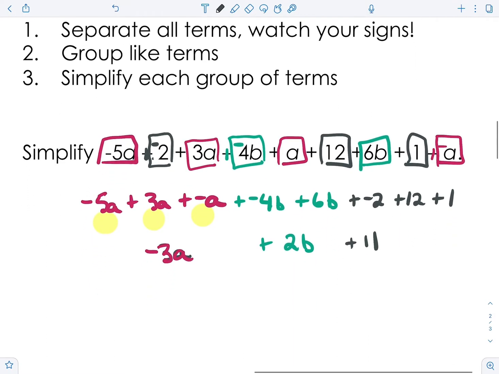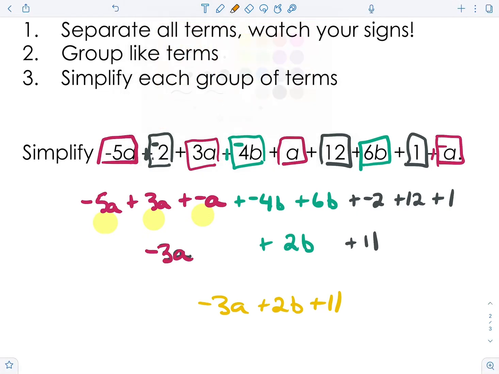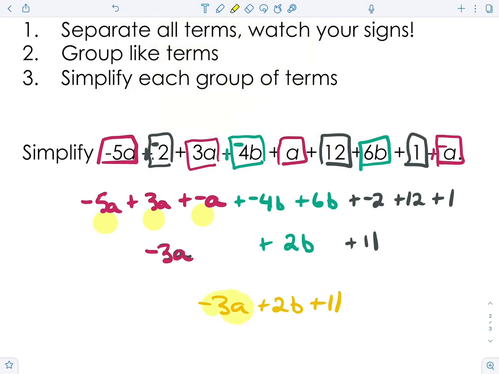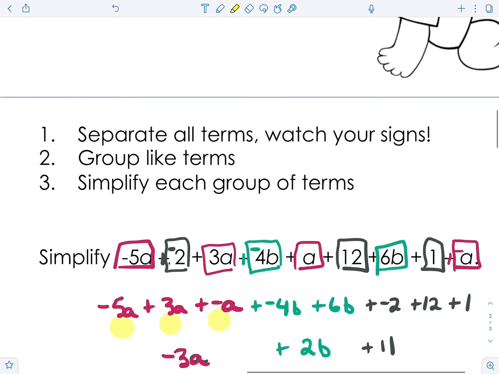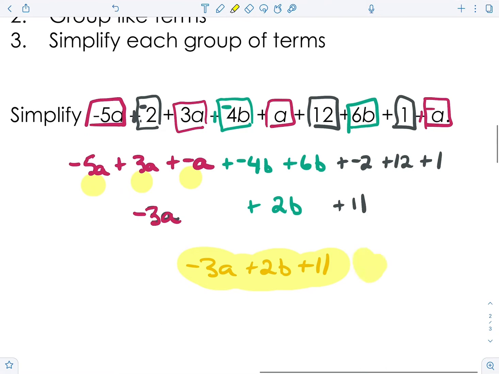So our final answer is negative 3a plus 2b plus 11. So this big complicated problem right here has been simplified to just this right here.